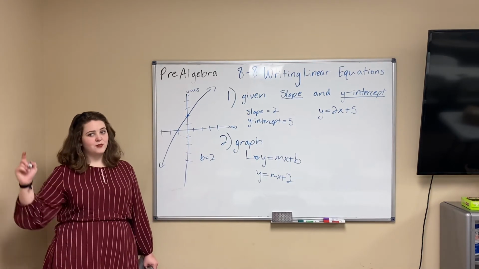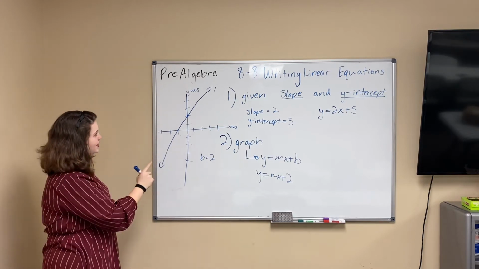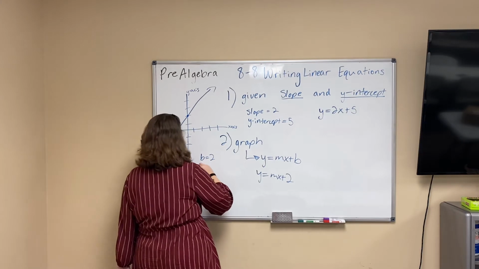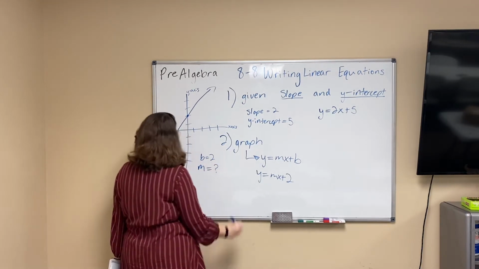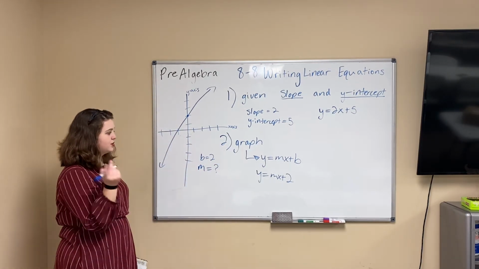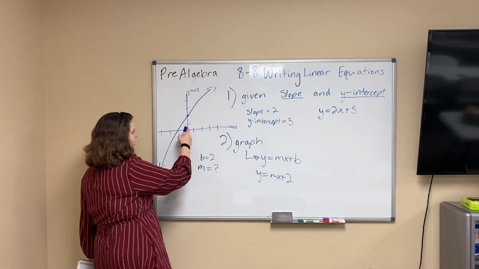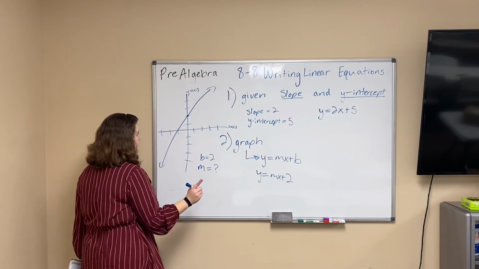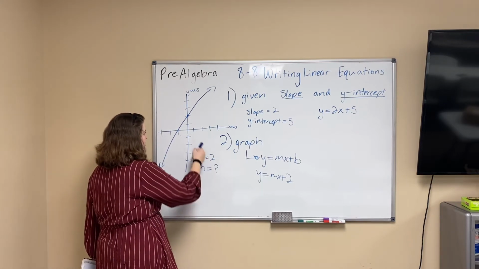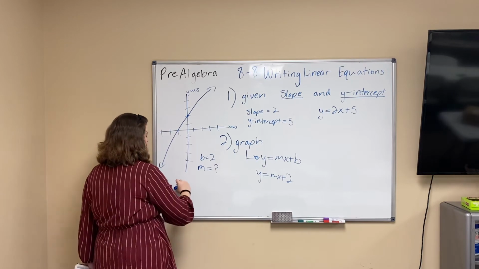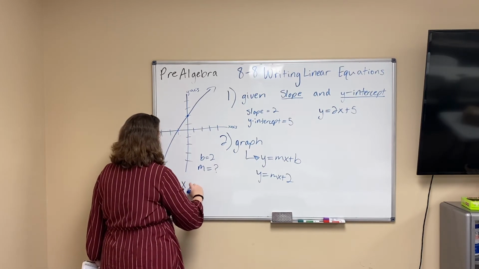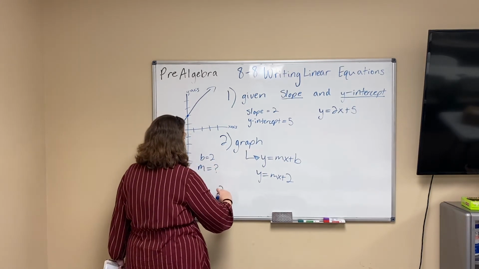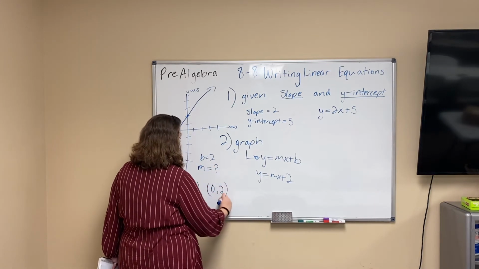Now, you're going to have to remember back to 8-6 to find the slope. How do we find slope? To do that, we need 2 points, right? So first we have this point, our y-intercept. We know that our y-intercept is where x equals 0. So when we're doing our ordered pair, we're going to take our y-intercept of 2 when x is 0.